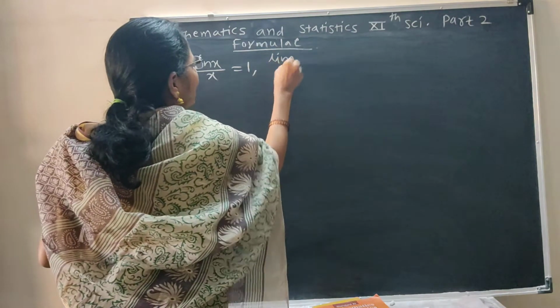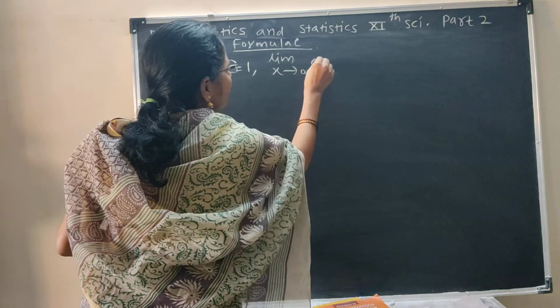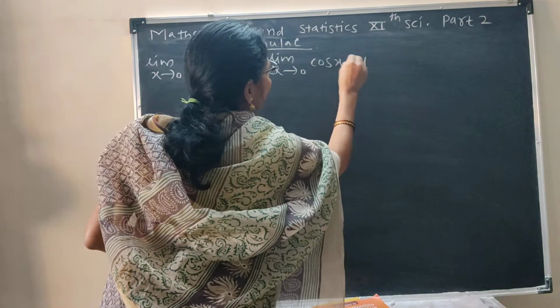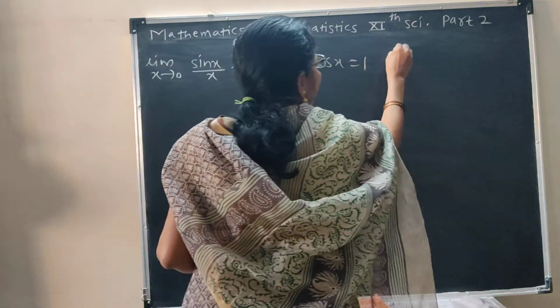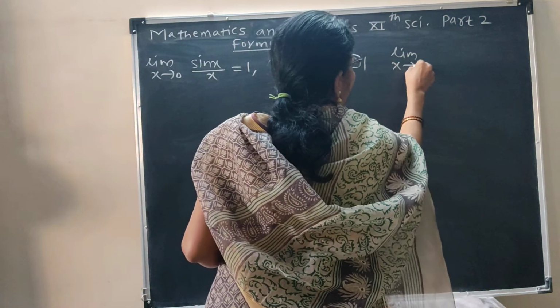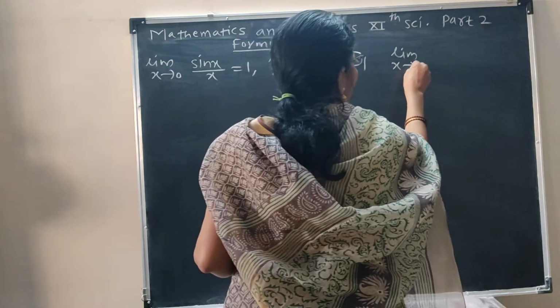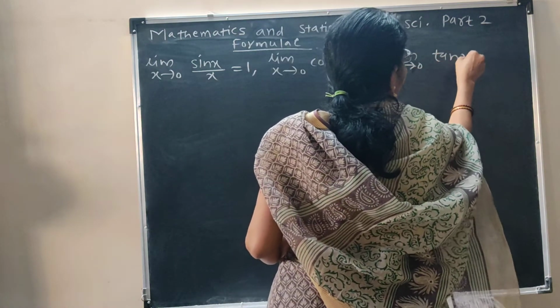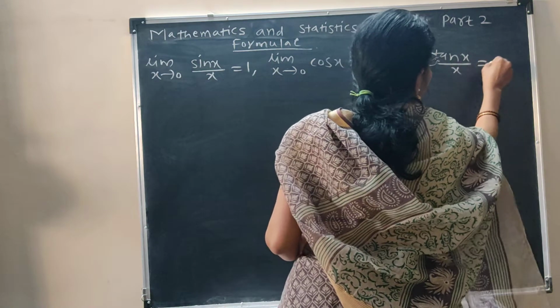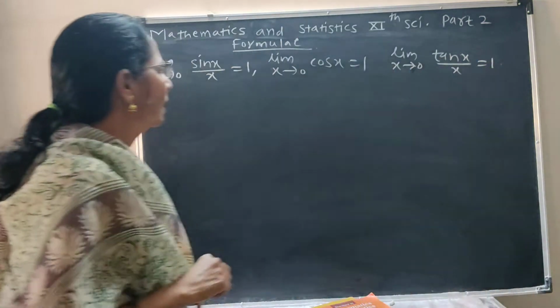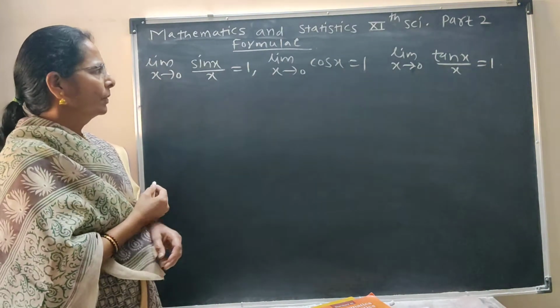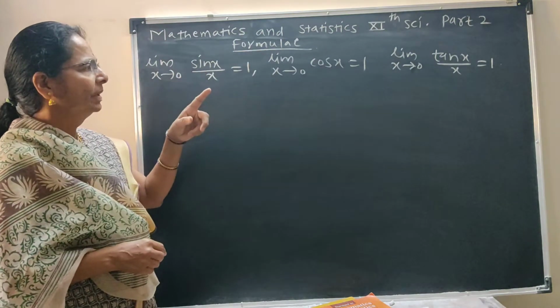Limit x tends to 0, cos x is equal to 1. Limit x tends to 0, tan x upon x is equal to 1. These are important formulae. Now what is the meaning of this?